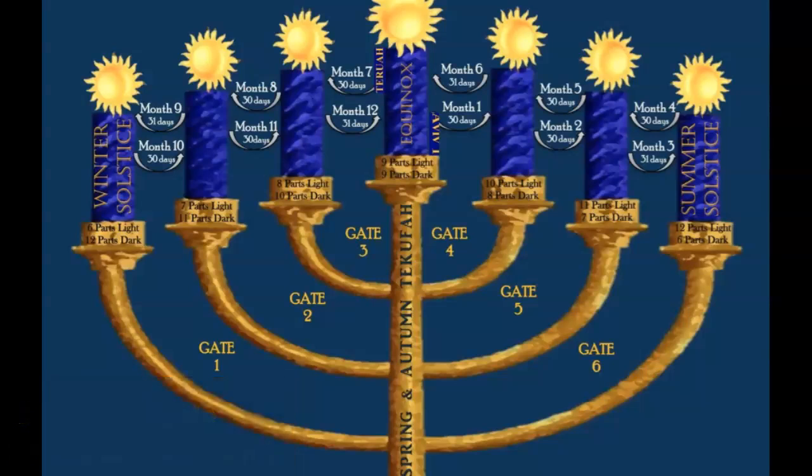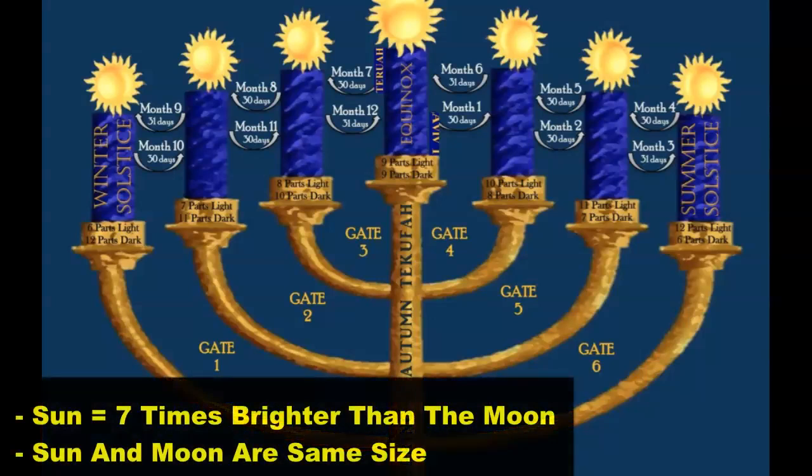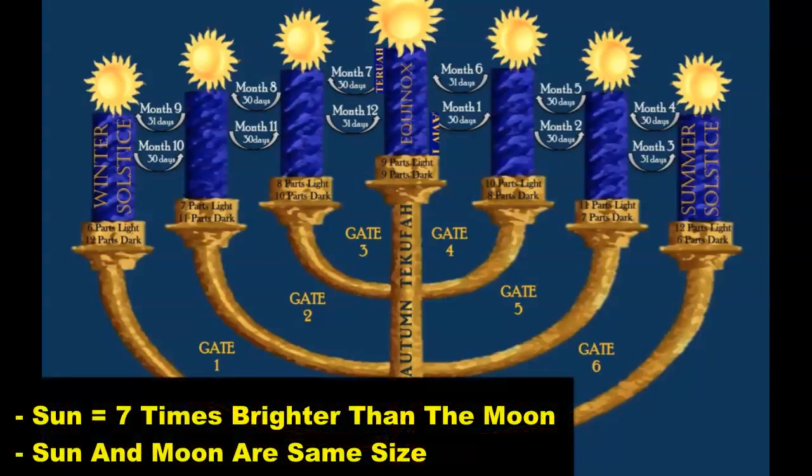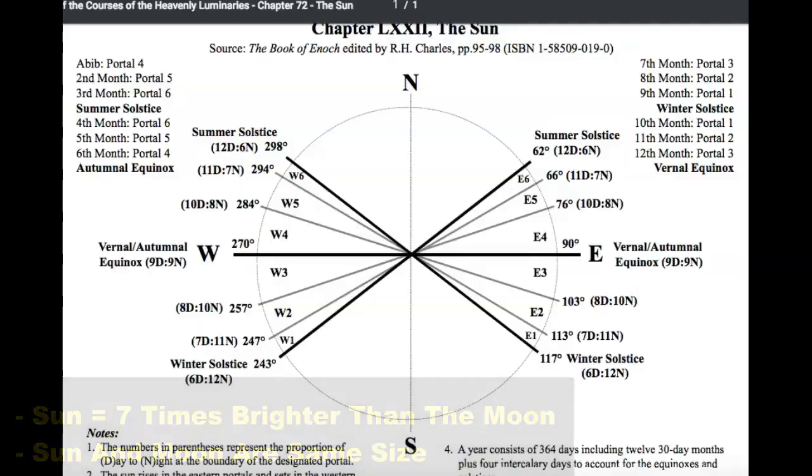And that which rises is the great light, and is so named according to its appearance, according as Yahuwah commanded. Verse 37. And he rises, so he goes down and does not decrease, and does not rest, but runs day and night, and its light is 7-fold brighter than that of the moon. But as regards size, they are both equal.